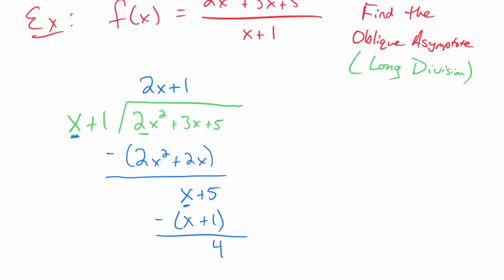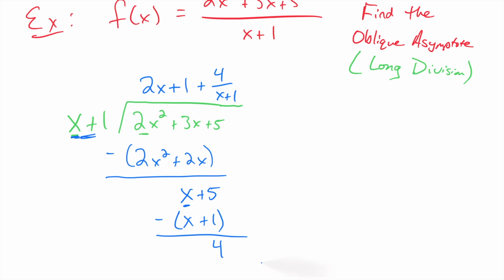The way that we write this remainder, guys, is that we say it's plus 4, and then you put it over your divisor, over x plus 1. So our answer, which is called the quotient, is 2x plus 1 plus 4 over x plus 1.